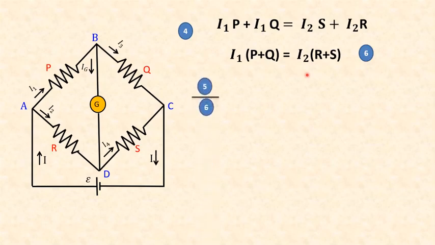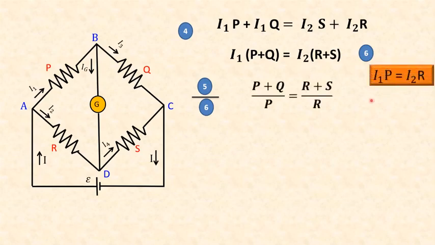We can divide equation 6 by equation 5. Equation 5 is I1P is equal to I2R. So by dividing, I1 into P plus Q divided by I1P is equal to I2 into R plus S divided by I2R.